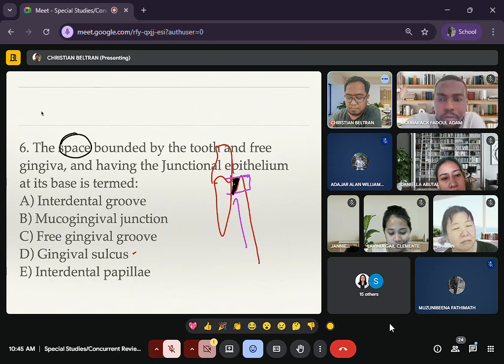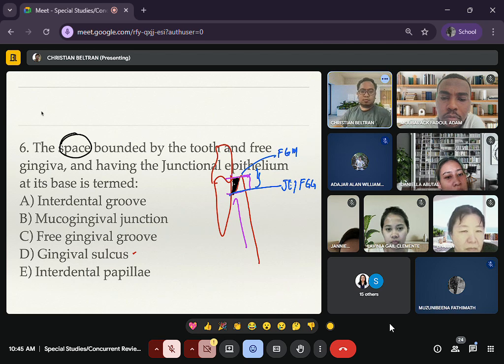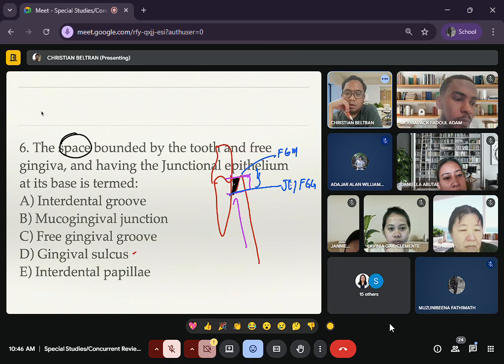But if you're asked the part of the gingiva bounded by your free gingival margin and your free gingival groove, what would be your answer? What part of the gingiva is bounded by your free gingival margin and your free gingival groove?